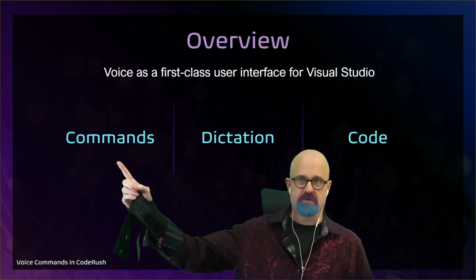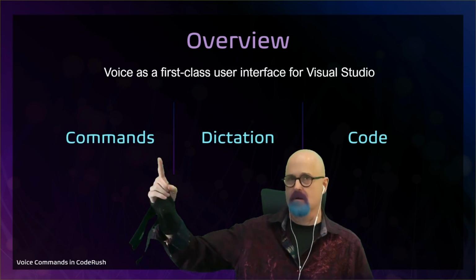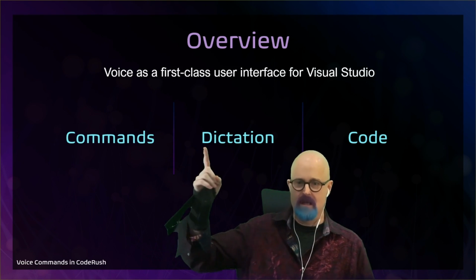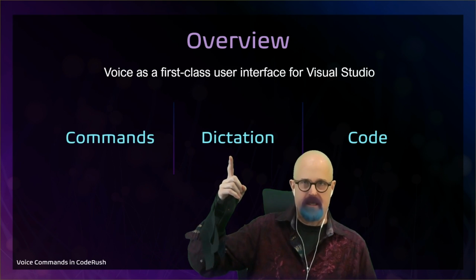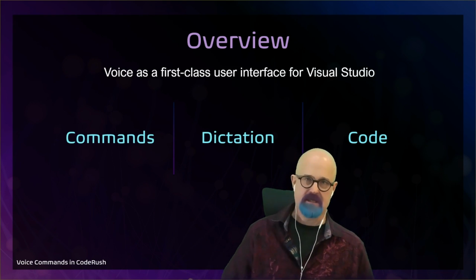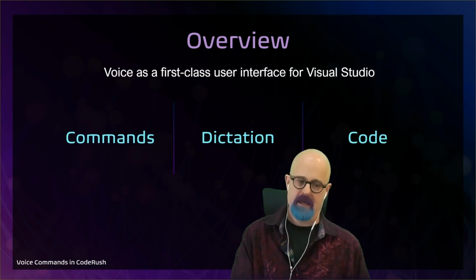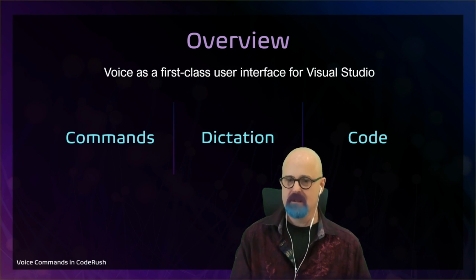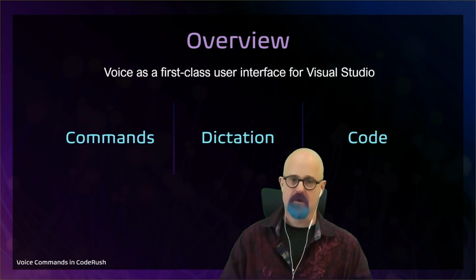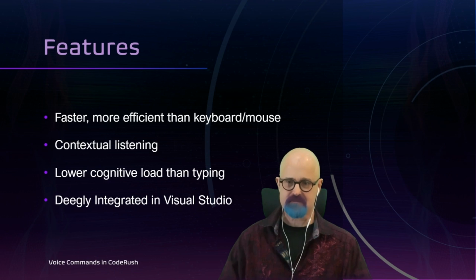Access to any of the Visual Studio commands. There are like 3,000 plus of those commands that ship with Visual Studio. Dictation. Dictation is useful for any kind of display text, like inside a string or for XML doc comments, for example, and creating code. So we're going to look at those three pieces.